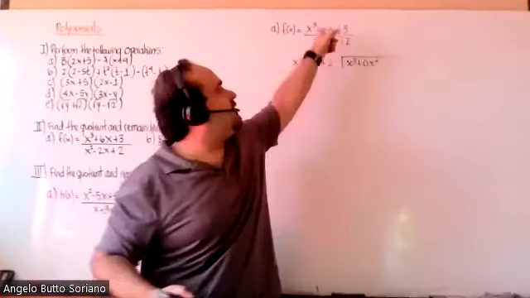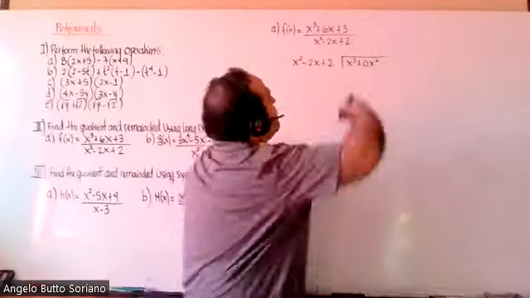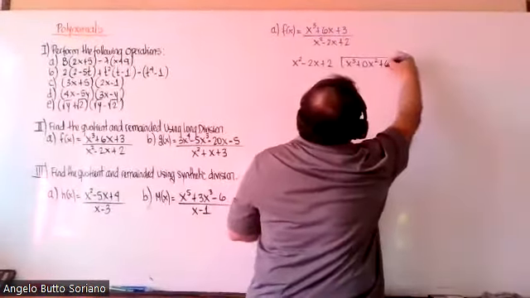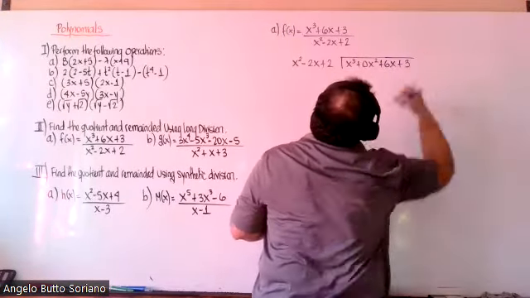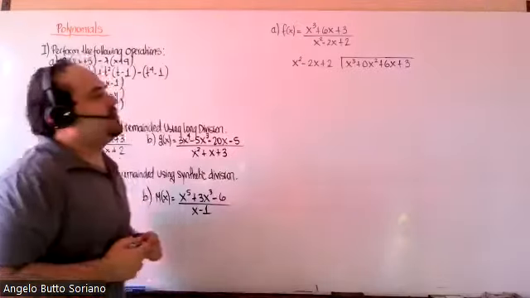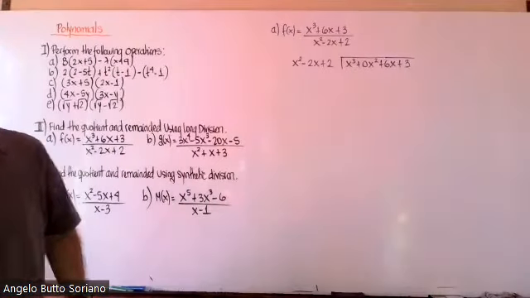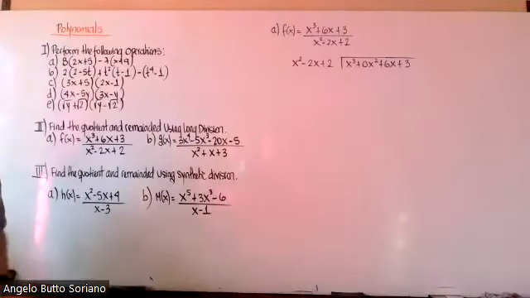I'm adding the number 0 because there is no x squared, and then complete the rest: plus 6x plus 3. Remember, always make sure we have the expression in canonical order.